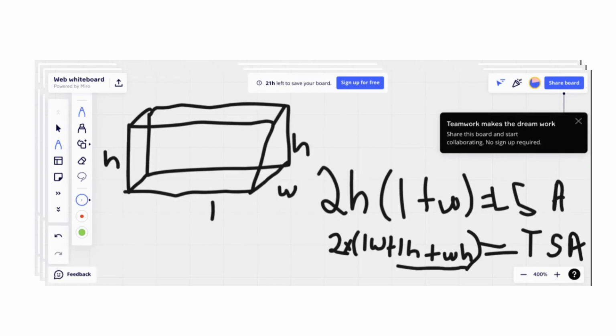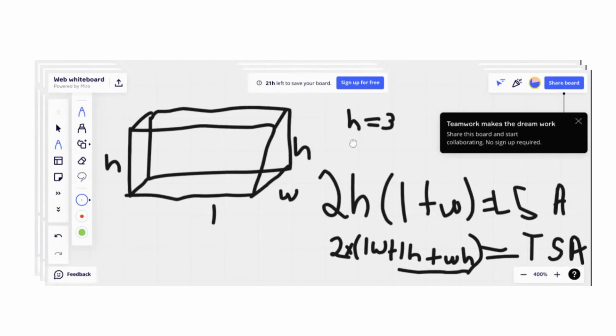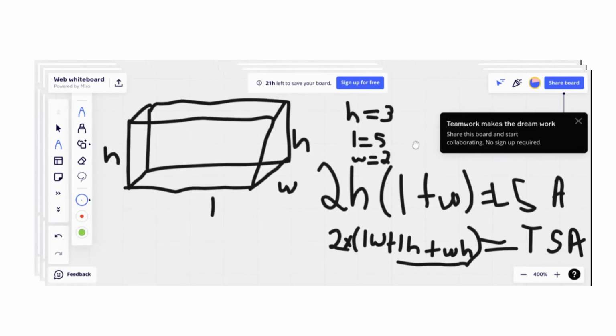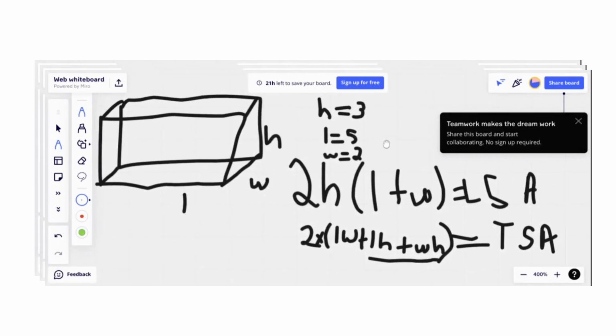Now we're going to be given the dimensions, and we're going to learn how to fit this into the formula. So if our height is given as 3, our length is given as 5, and our width is given as 2, we're going to find the LSA and TSA.